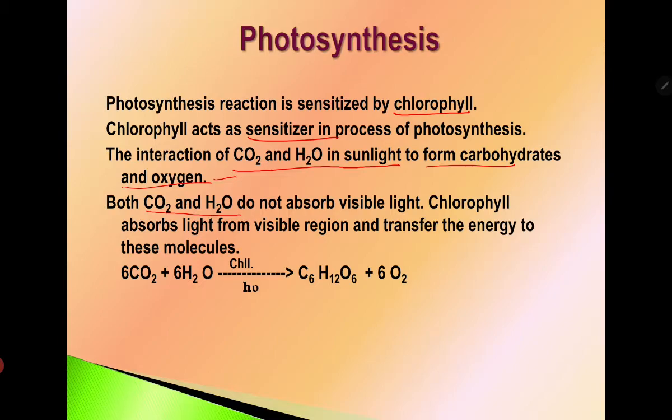Instead, chlorophyll absorbs the visible radiation and transfers that energy to the CO2 and H2O molecules, which then undergo chemical change and are converted to C6H12O6 carbohydrate, and 6O2 is released. So in photosynthesis also, chlorophyll acts as a sensitizer. So, what is a sensitizer?